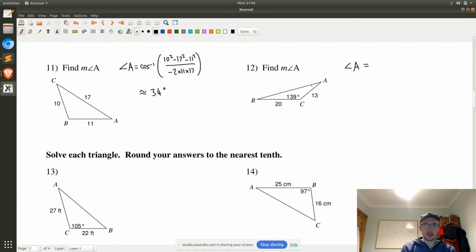Size of angle A in this case, well, you're going to have to do cosine rule to get the size of AB. 31-ish.